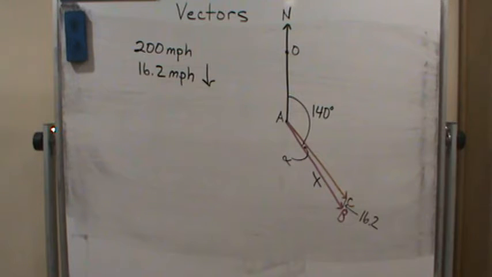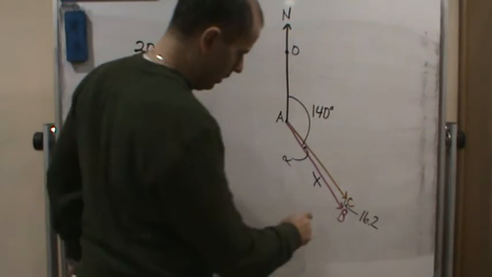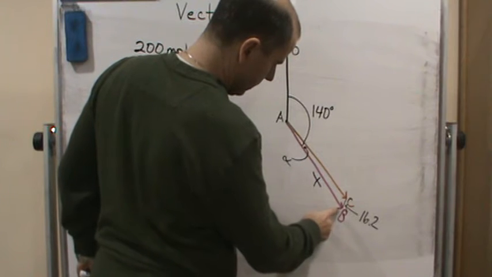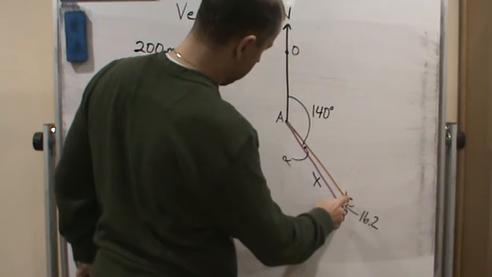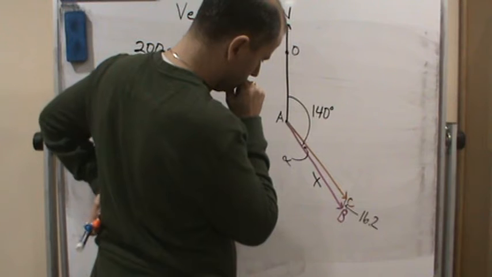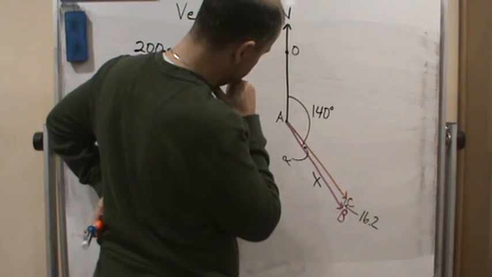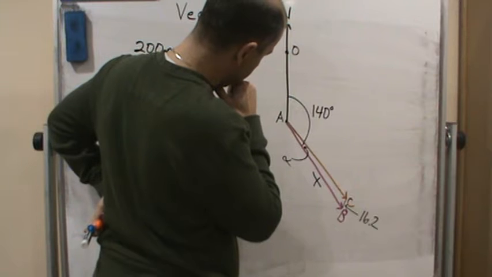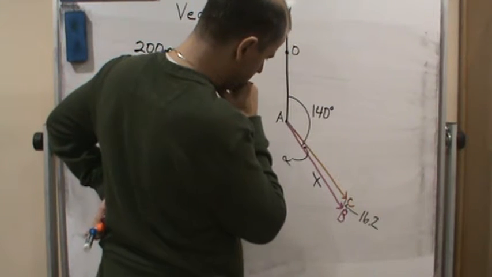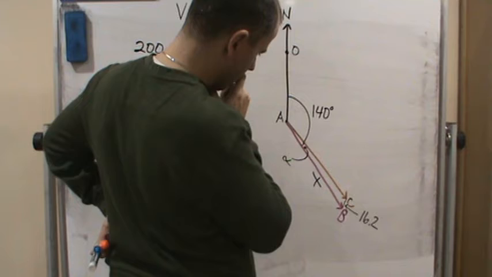And so since we have this triangle, if we look at the angle BCO, wait a minute, is that the angle we want?